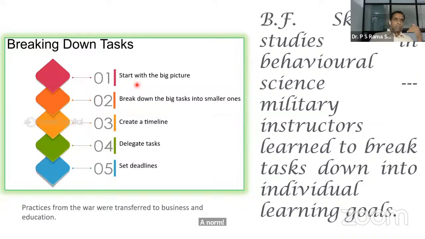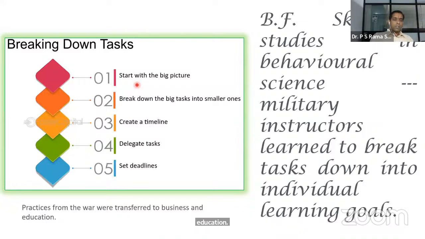It's not that you just give instructions any way you want. There is a proper breaking down of the task which gives the best learning experience, because the soldiers have to learn something and then put it into practice in a very short span, right? So the same philosophy was transferred to business and to education, right?